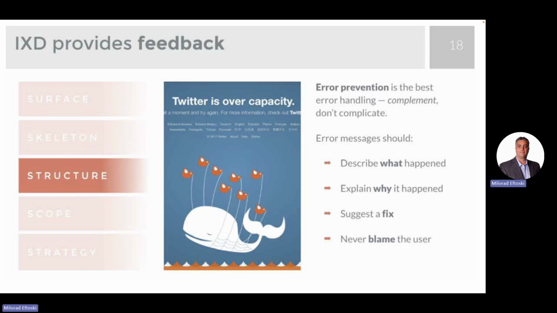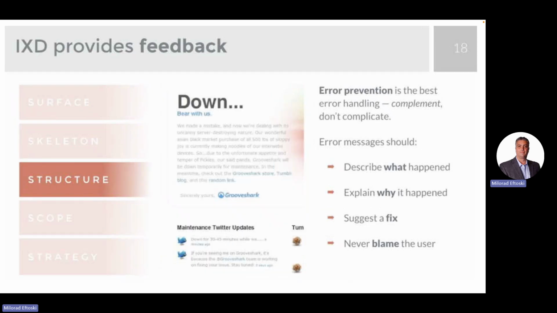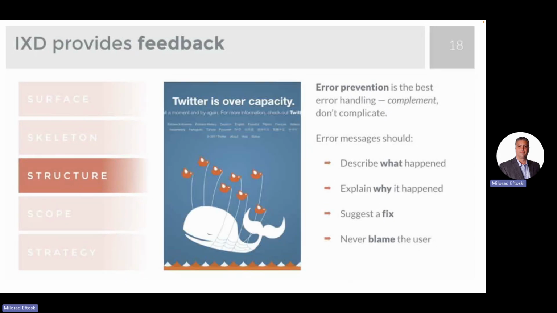So they put a picture of the little birds carrying a whale. The picture represents the problem by saying Twitter is over capacity. This is former X, by the way, right? So basically, they were overloaded and had a problem with their infrastructure, and they put a little picture of birds carrying a whale. So that was their way of converting this into a humorous way of communicating with their users and members.